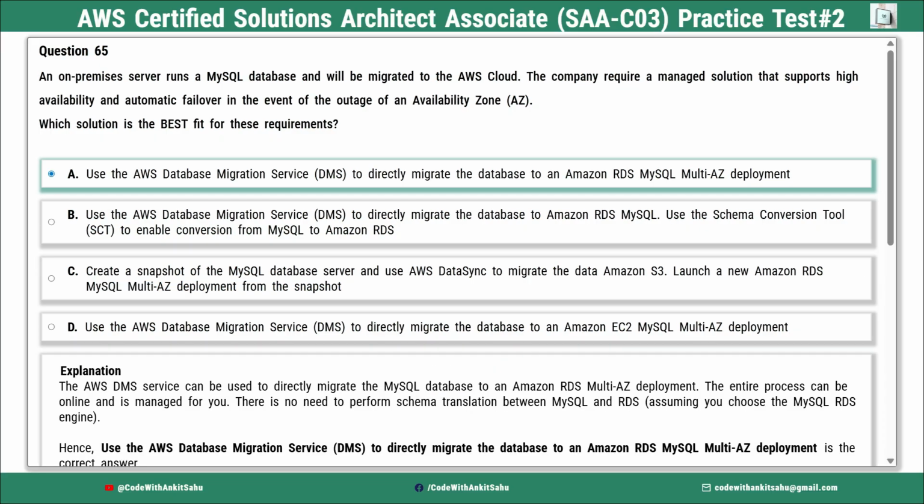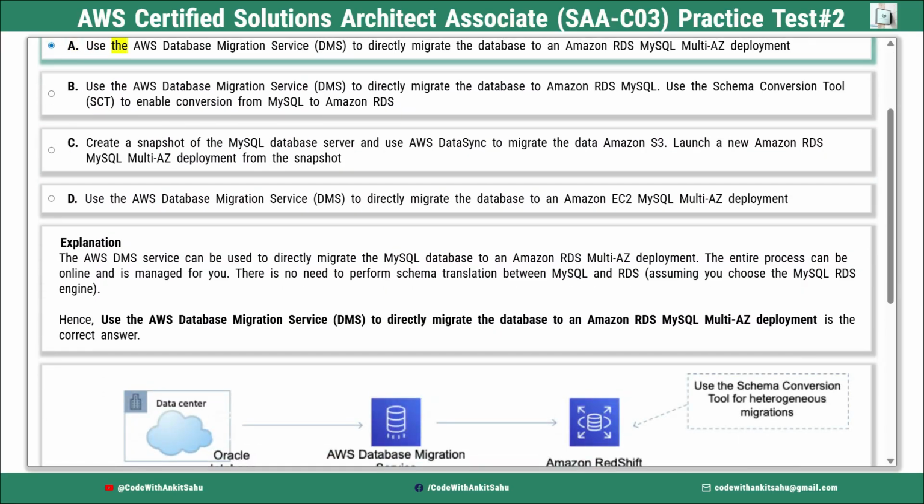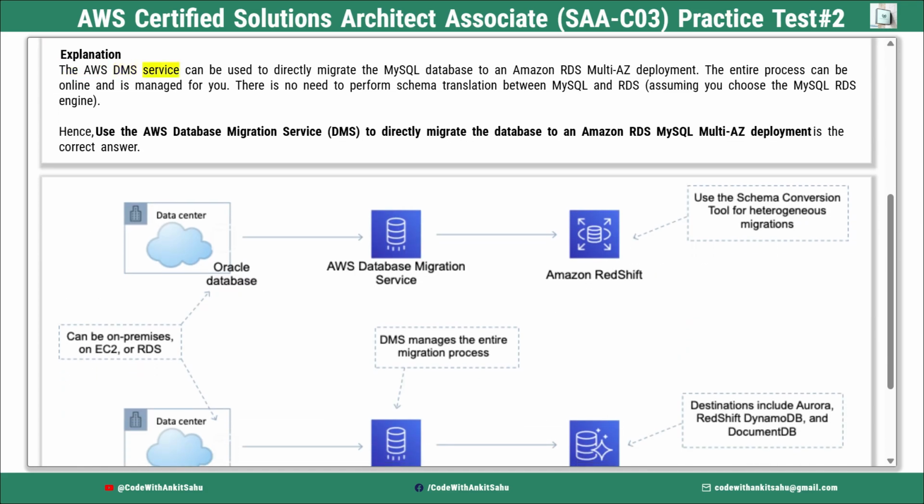Correct answer. Option A. Use the AWS Database Migration Service, DMS, to directly migrate the database to an Amazon RDS MySQL multi-AZ deployment. Explanation: the AWS DMS service can be used to directly migrate the MySQL database to an Amazon RDS multi-AZ deployment.